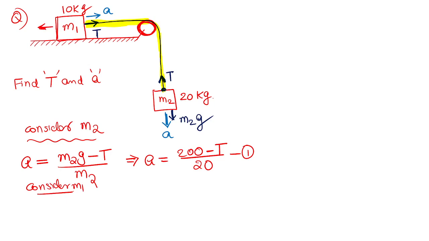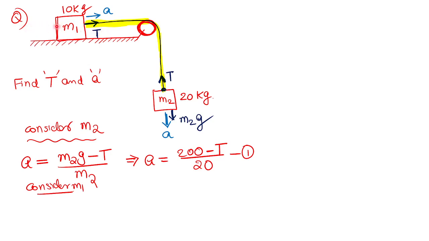Friction is not there. Friction we will learn later, don't worry about that. So only T is applying on m1 horizontally. m1g is not horizontal, it is downward weight. m1 is moving in the horizontal direction, so only the force along the horizontal direction is considered. So the total force acting on m1 in the horizontal direction is only T.